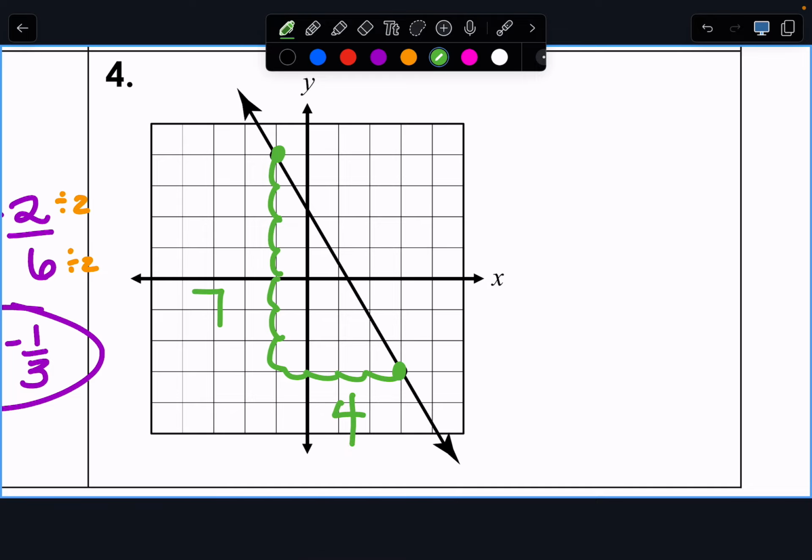What'd you get, Matthew? Negative 7 over 4. Do you agree with Matthew? I do too. Okay.